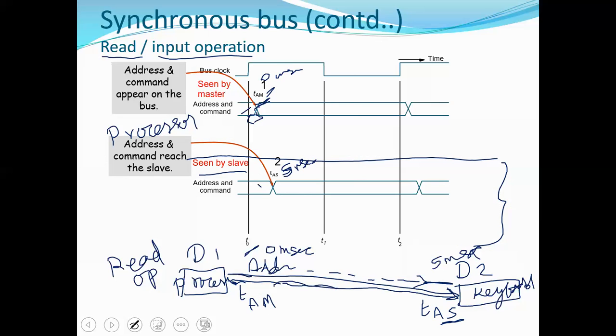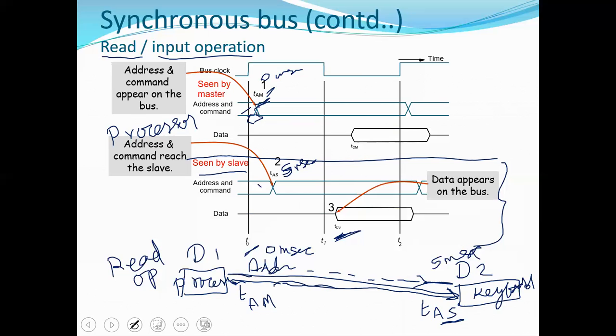In this keyboard case, once the address is seen, it has to be cross checked. It has to check whether it is its address. After checking, the data is put to the data bus at time TDS. At time TDS, the keyboard puts the data to the data bus, and it is visible at time TDM.